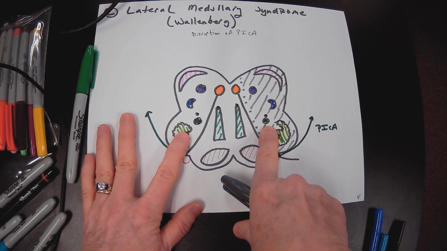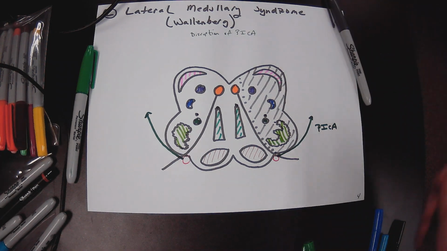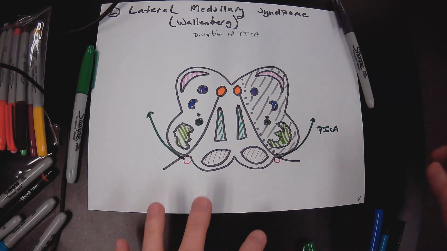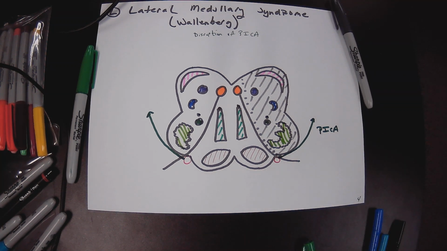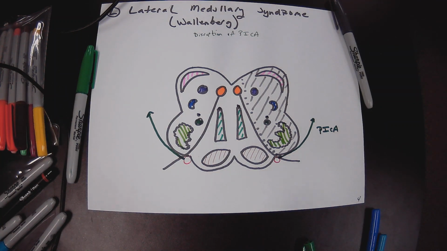And then spinothalamic tract is affected. Present with loss of pain, temperature, crude touch. Okay, those are all symptoms of lateral medullary syndrome, which is also known as Wallenberg, and that's due to the disruption of PICA.